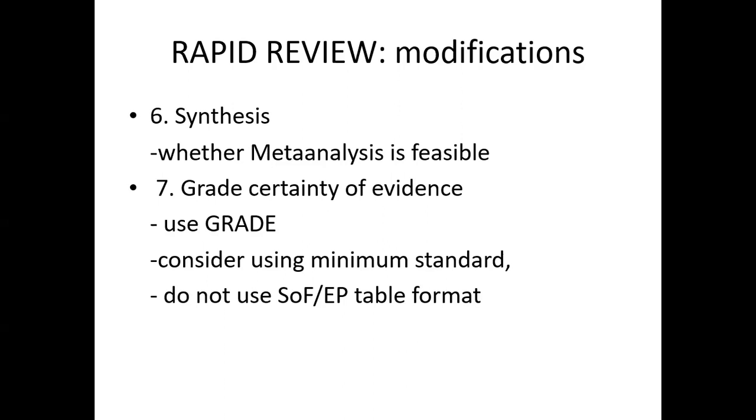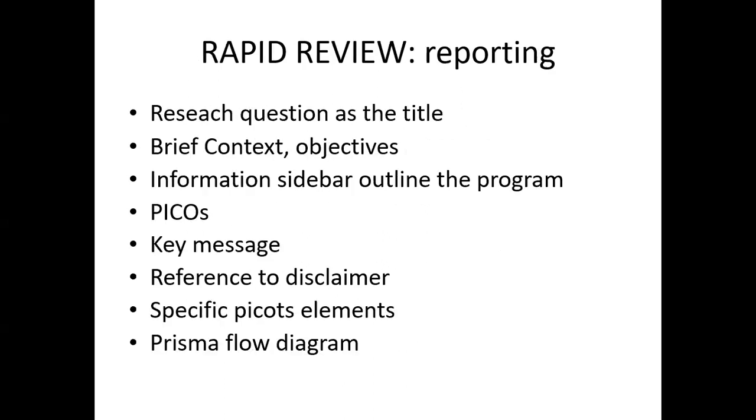When you do the synthesis, you get the evidence, then you want to find out the quality of that evidence, so you should use the grading system. But for this study scope, a rapid review, you should not try to produce the summary of findings. You can skip it. Continue.